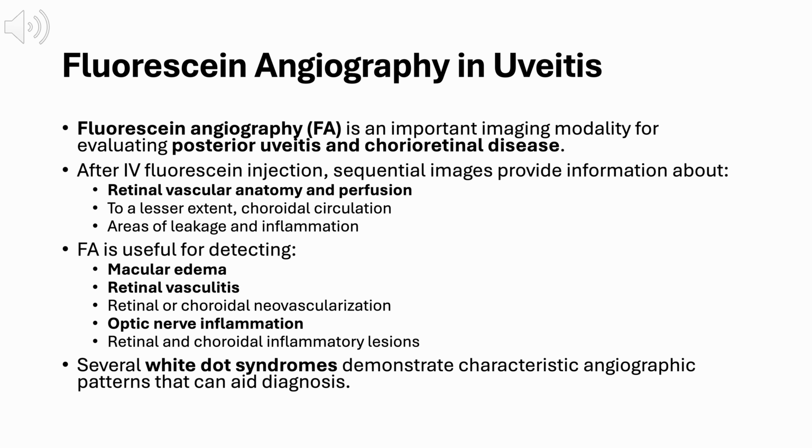FA is particularly useful for detecting macular edema, retinal vasculitis, retinal or choroidal neovascularization, optic nerve inflammation, and retinal and choroidal inflammatory lesions. And several of the white dot syndromes produce characteristic angiographic patterns that can clinch a diagnosis. Think of FA as your primary tool for interrogating the retinal circulation and where it's leaking.